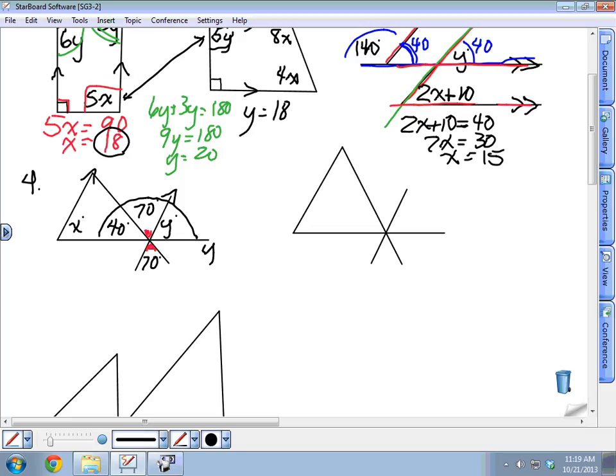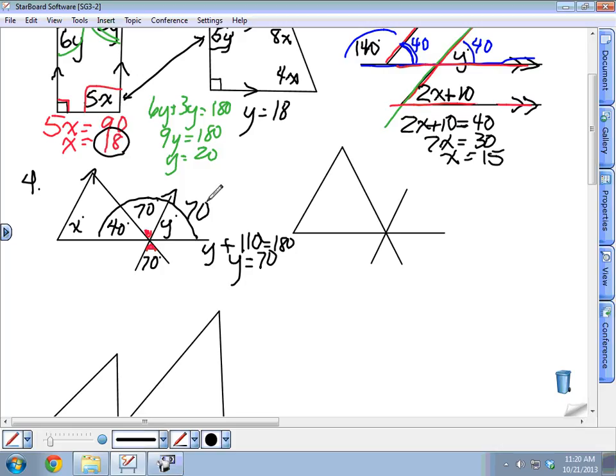So y plus 70 and 40, which is 110, equals 180. So y is equal to 70. Okay? Well, if y is equal to 70, x is equal to 70.